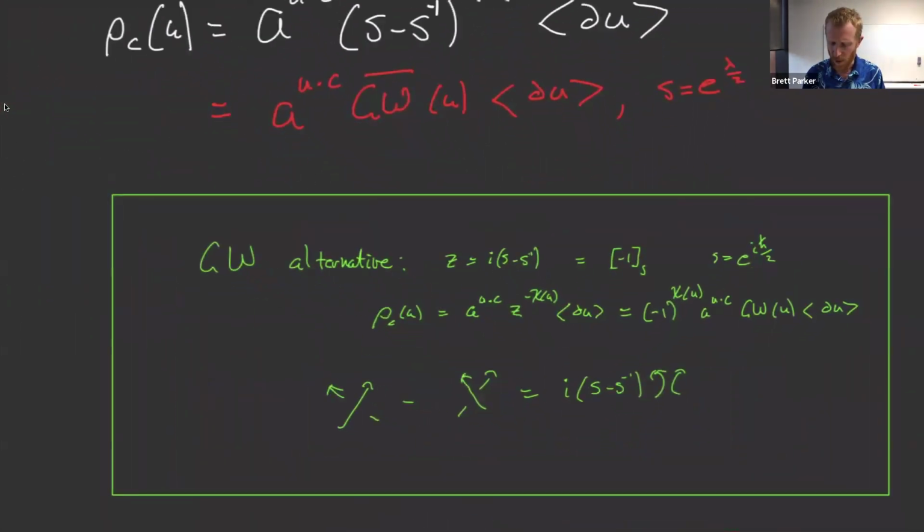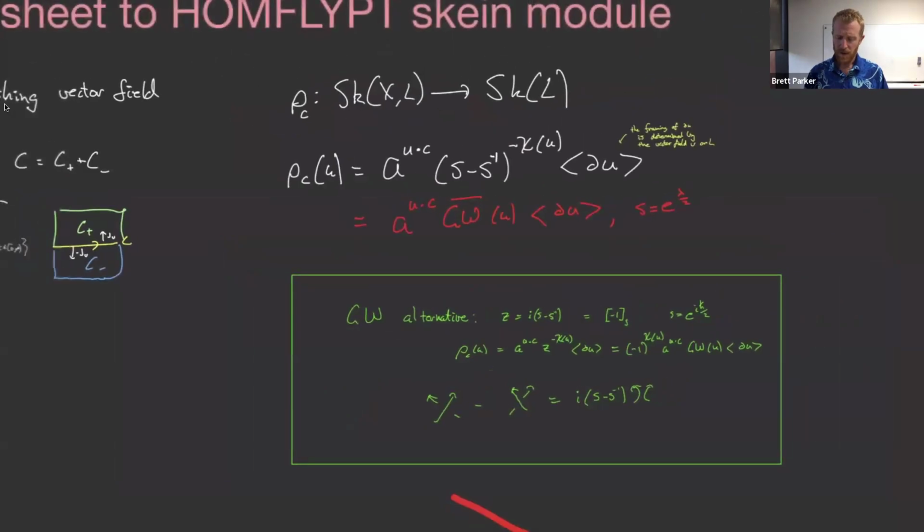And there is a Gromov-Witten alternative where you take Z to the power of this minus Euler characteristic, where Z is I times S minus S inverse. But to compare to known results on Skein modules, I want S minus S inverse rather than I times S minus S inverse.